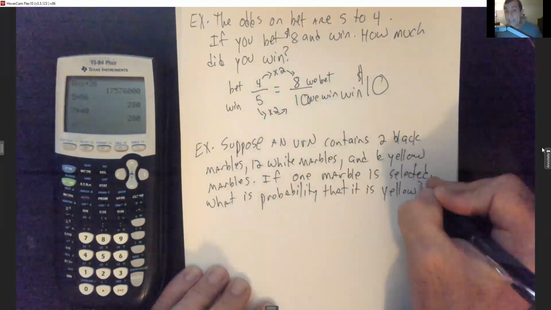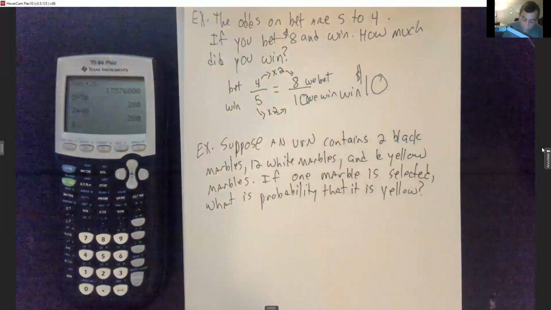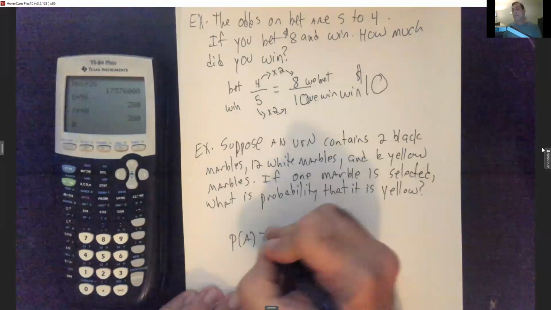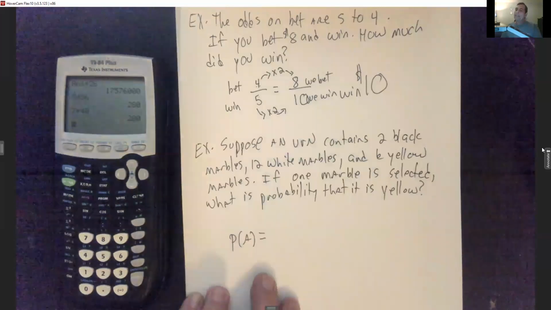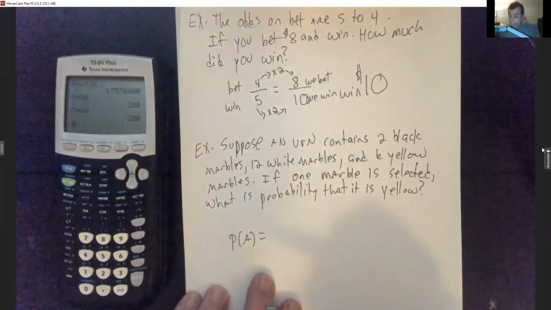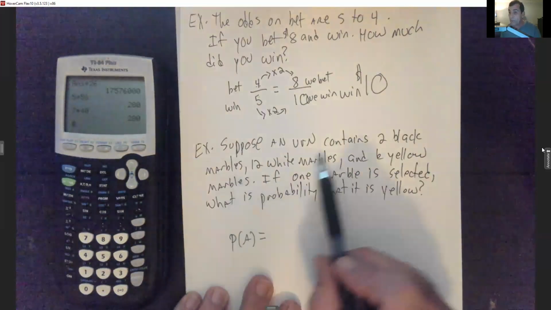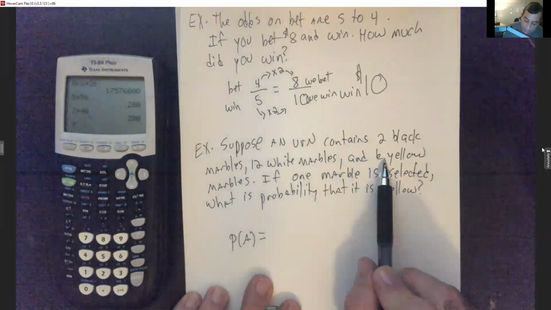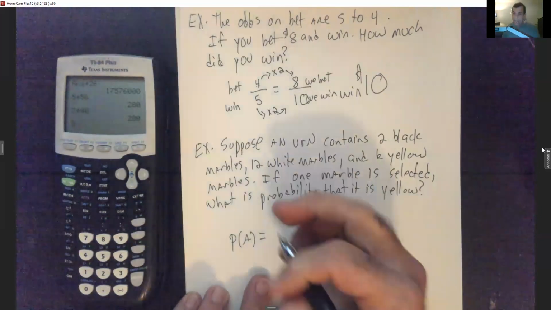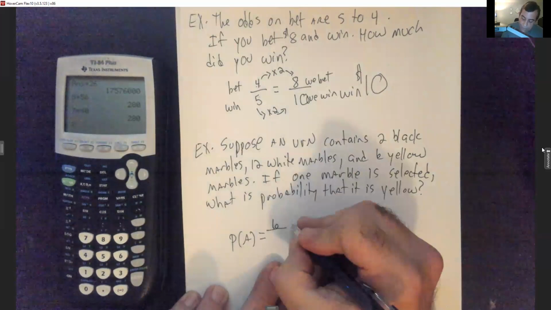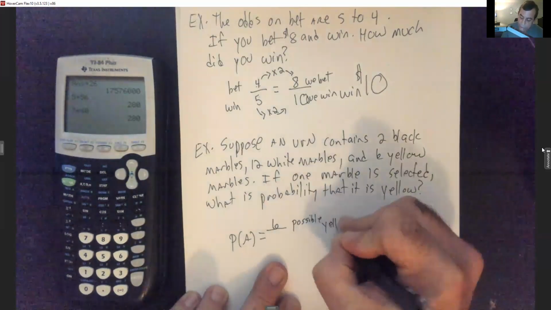So basically on this one, we're looking for probability of it being a yellow. So I got to see how many chances did I have for it to be yellow. So what they tell me up here, we had 6 of those marbles as yellow. So 6 would be on top because that's the possible yellow marbles.